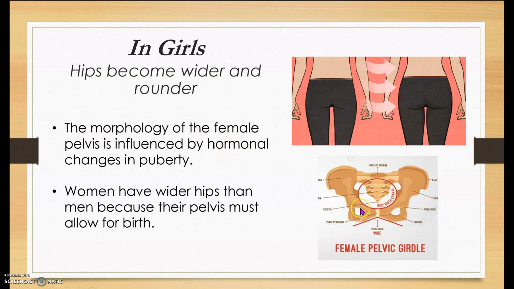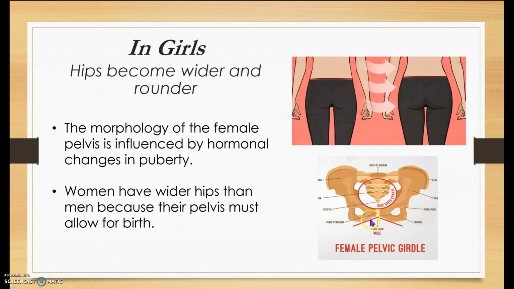Okay, so this is the pelvis of a female. This is the pelvis of the female. It gets wider than the male, okay? Because a female needs to widen her pelvis because she gives birth. Women get pregnant and they give birth.